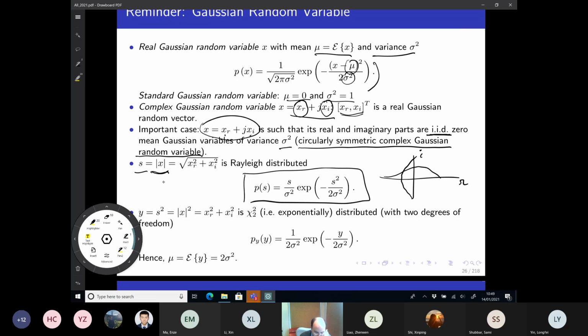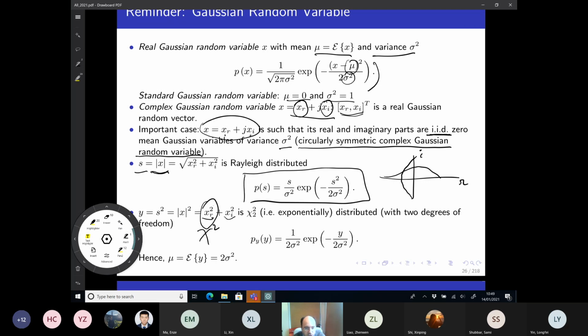One more reminder is the following. Now if you take S, the Rayleigh distributed random variable, and take the square of it, it comes to saying I have a complex normal random variable and I take the magnitude square of x. So I end up with the square of a normal random variable plus the square of a normal random variable. The square of a normal random variable is a chi-square random variable.